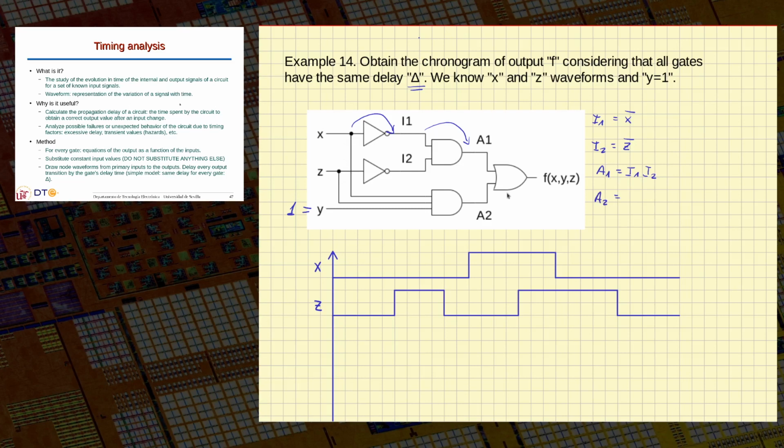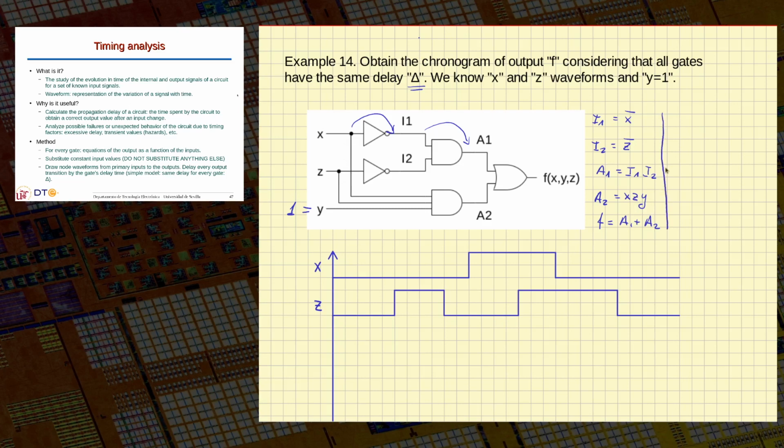And now A2 is equal to X, Z, and Y. Okay. And finally, I know that F will be equal to A1 or A2. Okay. This comes from my analysis of every node, considering the operation of all the gates, A to X, Z, and Y. But now I have some particular conditions.